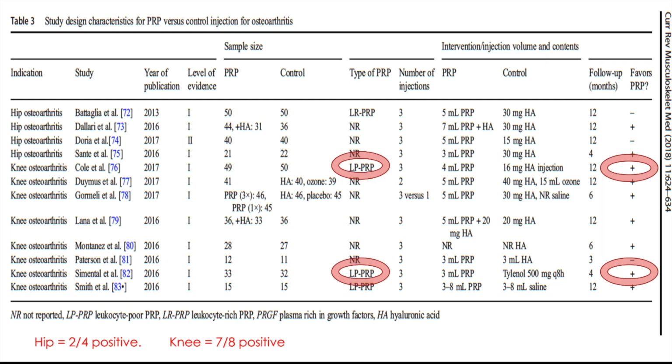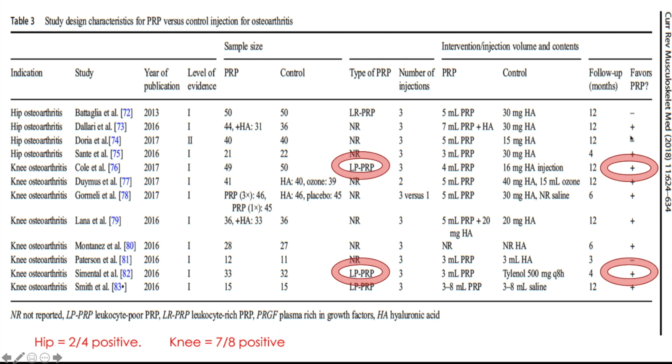Here's a compilation of arthritis studies. There's a lot of them out there. So in this table, it's actually very helpful. You can see that all these knee studies, there's 8 of them. 7 out of 8 showed positive results with PRP therapy. And in the hip, 2 out of 4 were positive.